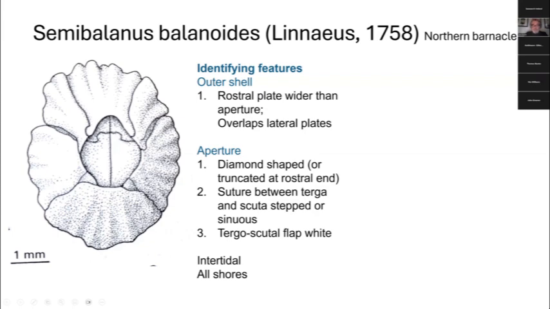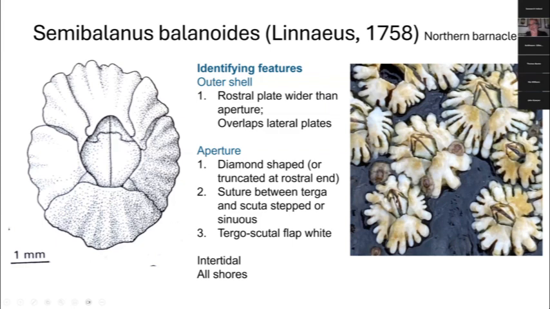And here is a photograph showing some real live Semibalanus balanoides. You can see it has this diamond-shaped opening and this sinuous suture going across between the tergum and the scuta. You can see this one down here.